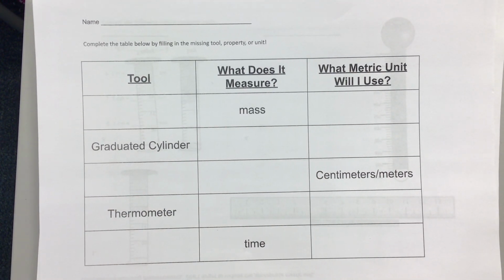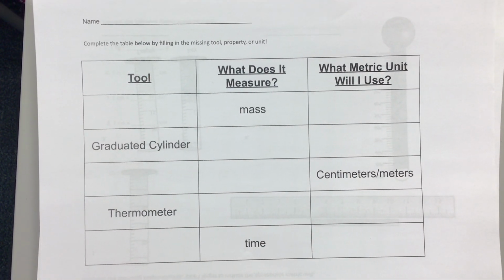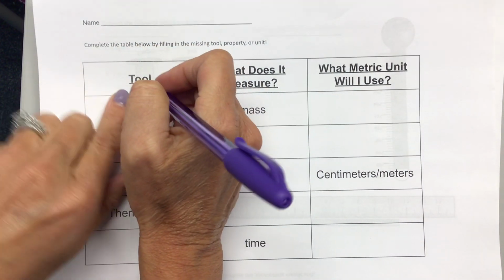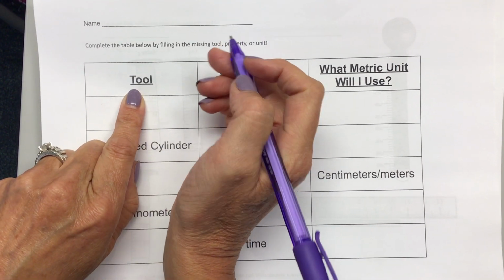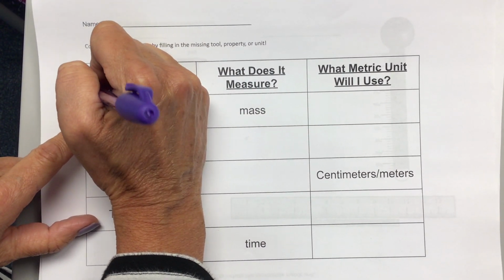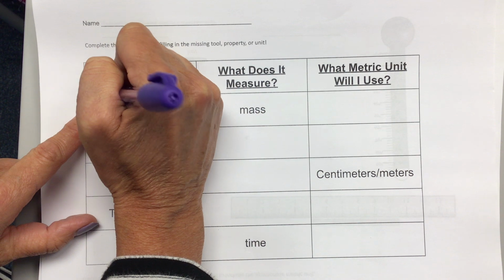So we need to remember the difference between a tool and a unit. A tool is what we use to actually do the measuring. A unit is the label that we put on our number. So I think it would be helpful right here underneath the word tool to put, what do we use to measure?